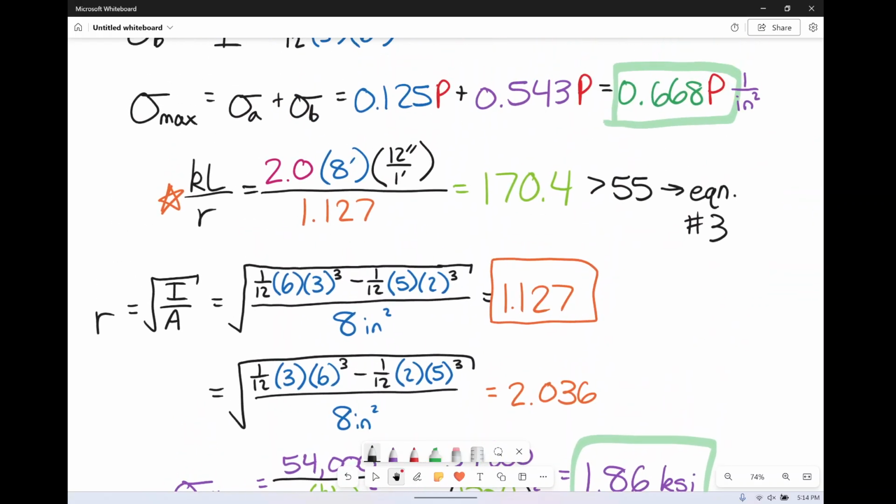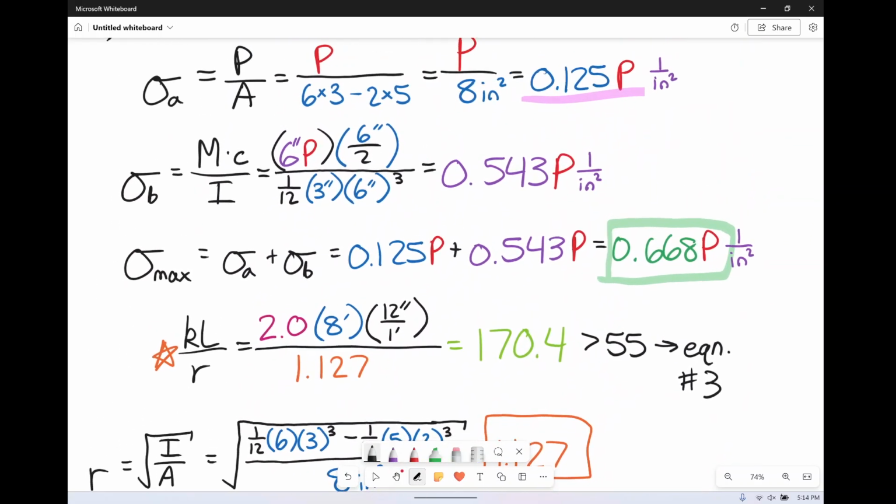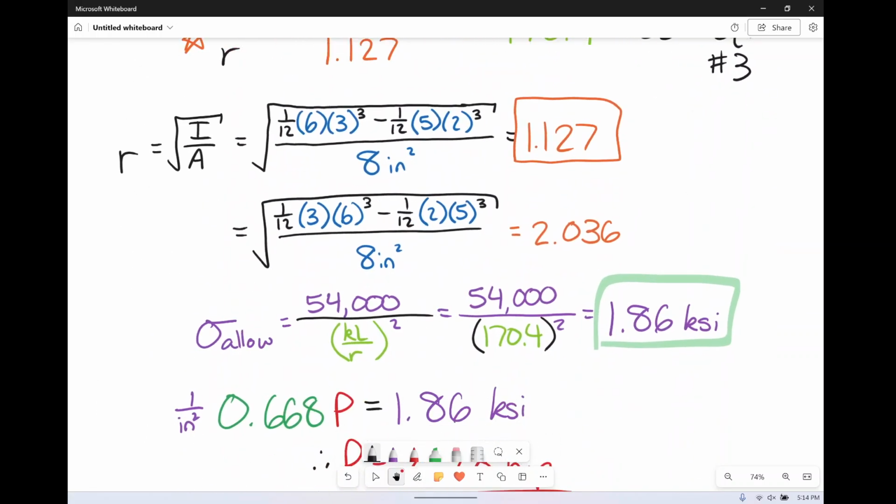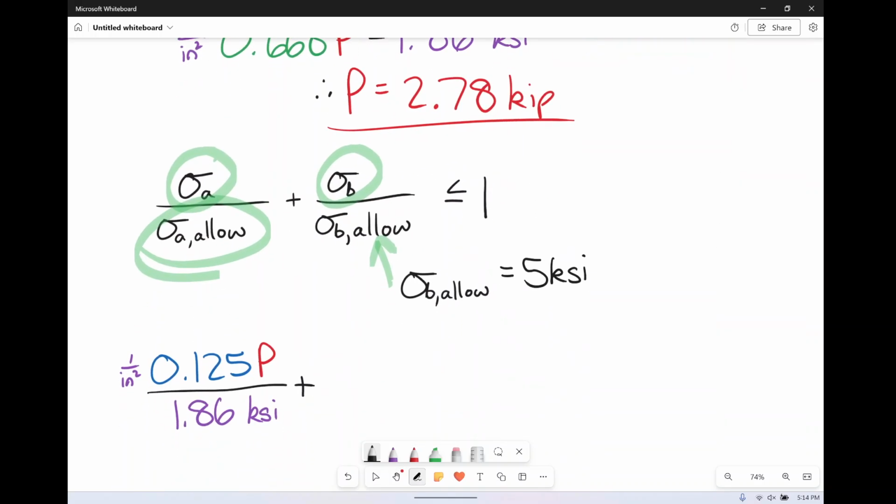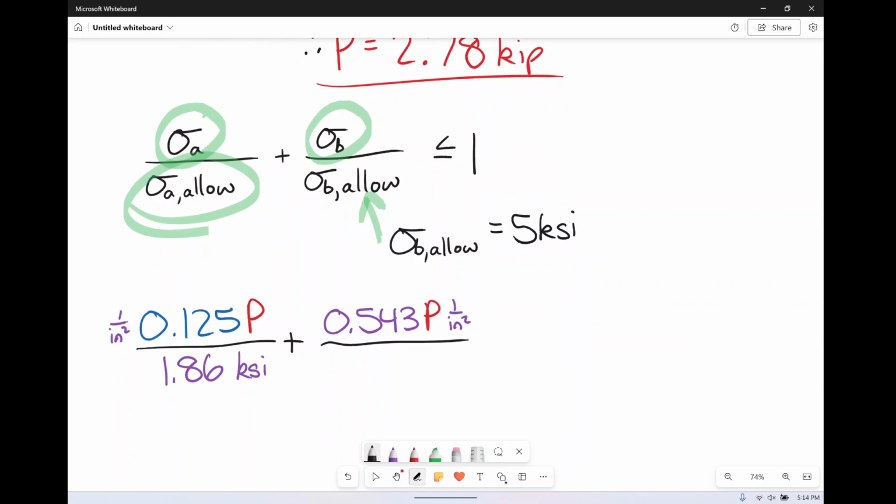Sigma B, good thing we separated these, is apparently purple also, 0.543 times P. So we have 0.543 times P, again in 1 over inches squared, divided by our allowable, and I just made that number up, so it's 5 KSI, and we want this to be less than or equal to 1.